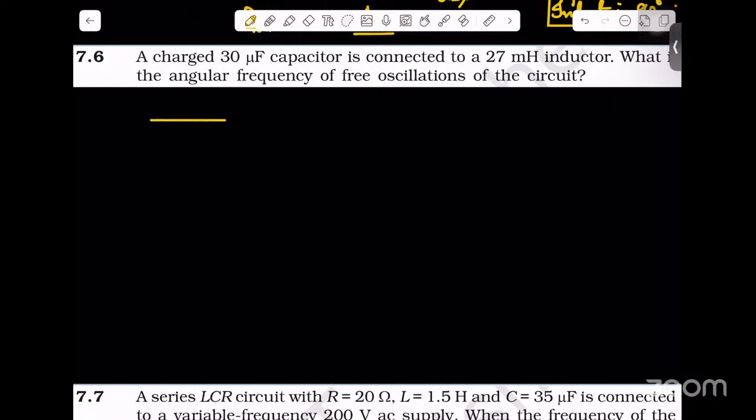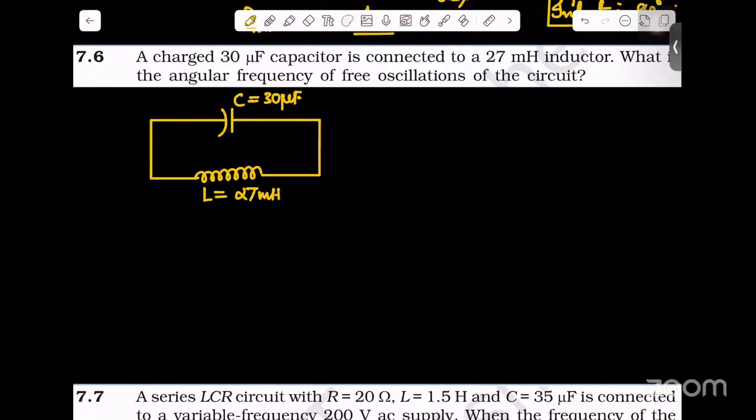We are being told that we have a charged capacitor of 30 microfarads, and this is connected to an inductor of inductance 27 mH.